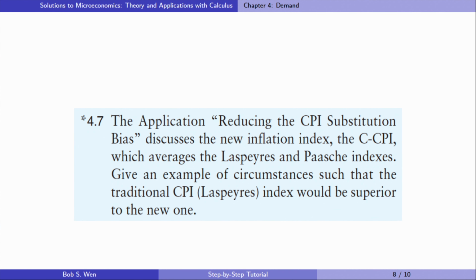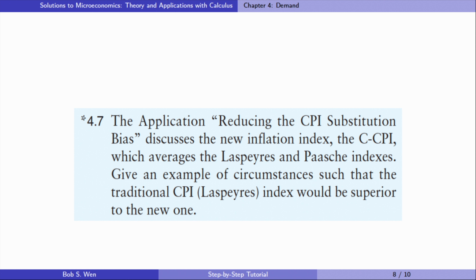Let's find answers to exercise 4.7. The application reducing the CPI substitution bias discusses the new inflation index, the CPI, which averages the Laspeyres and Paasche indexes. Give an example of circumstances such that the traditional CPI index would be superior to the new one.